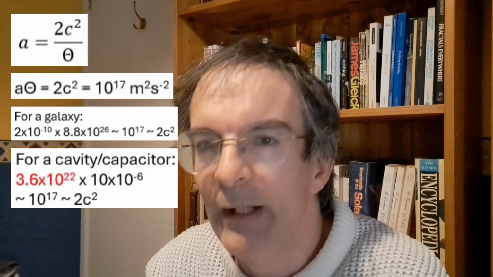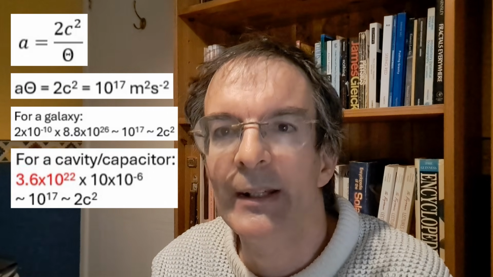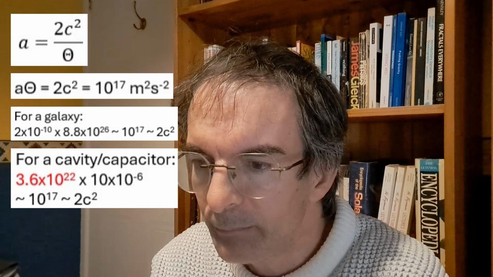But now we can take this same thing down into the lab. So how about the thrust capacitors that have been tested in various labs to see thrust from quantized inertia? Well, these are cavities just as much as the universe is. So again, we can calculate a times theta for them.